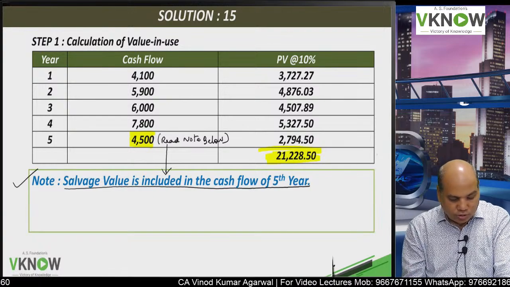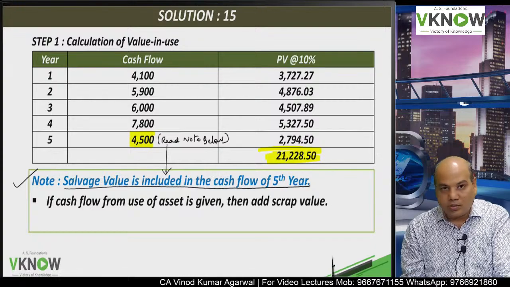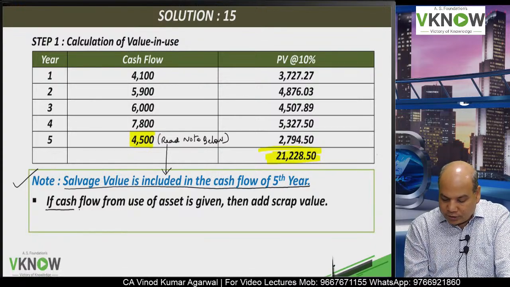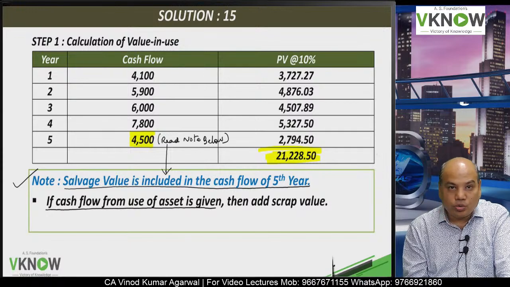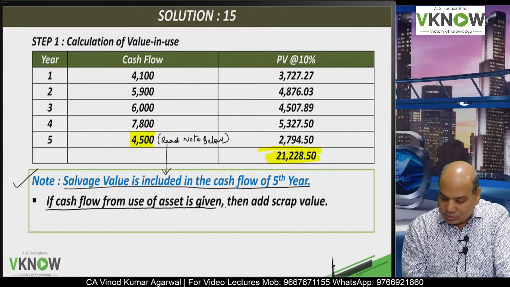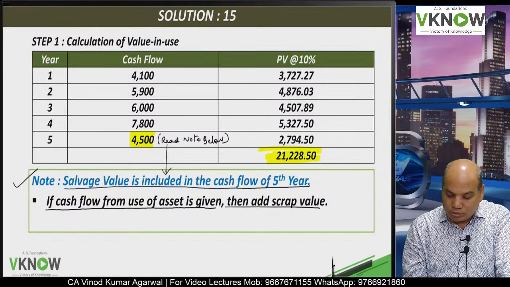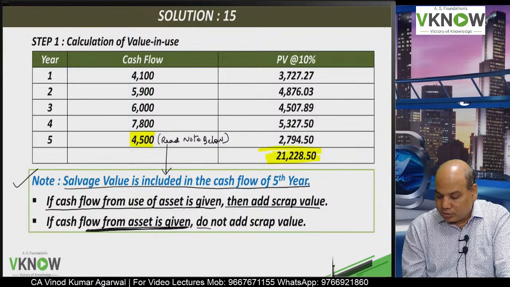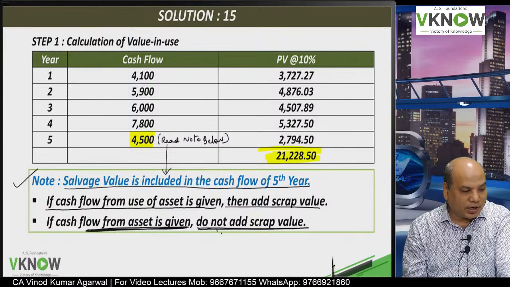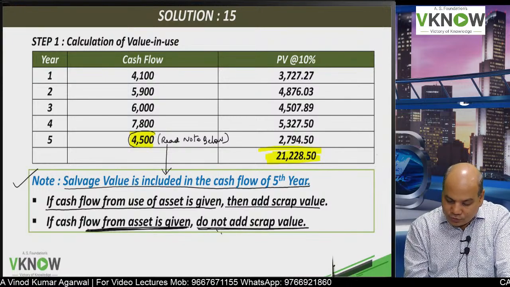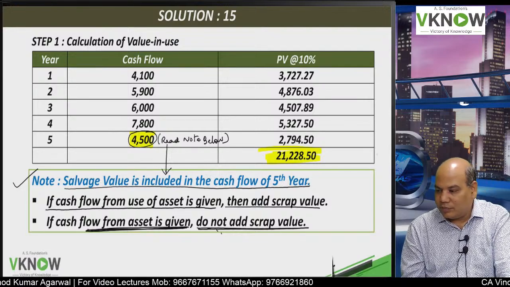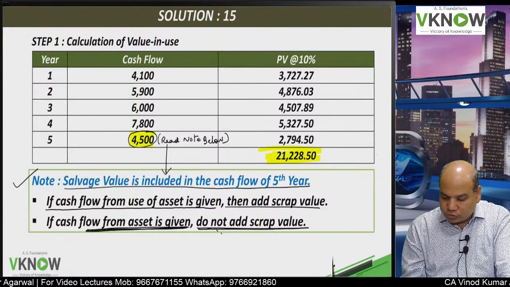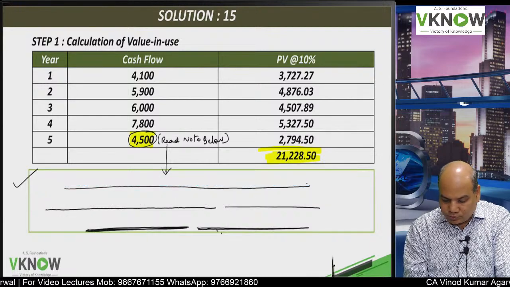Please read this note; to make your life easy for future, I have written a note. If cash flow from the use of the asset is given, then add scrap value. If cash flow from the asset is given, then do not add scrap value. So that is the answer to your query, why we have not taken scrap value here. Okay, so this is my value in use.